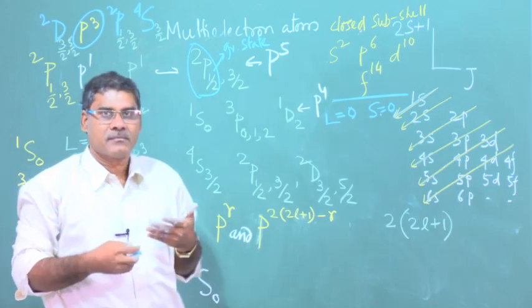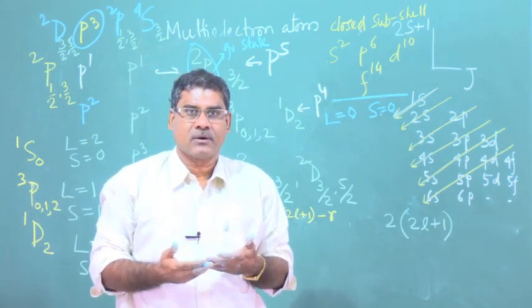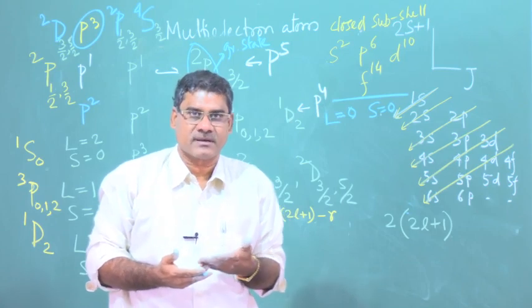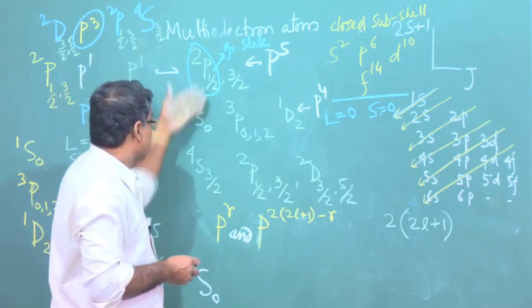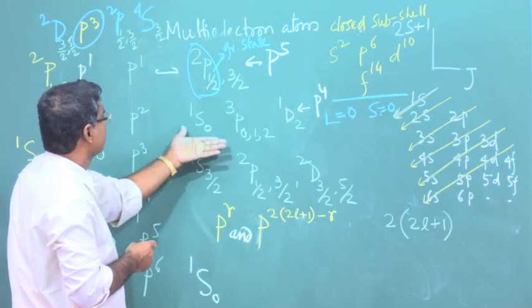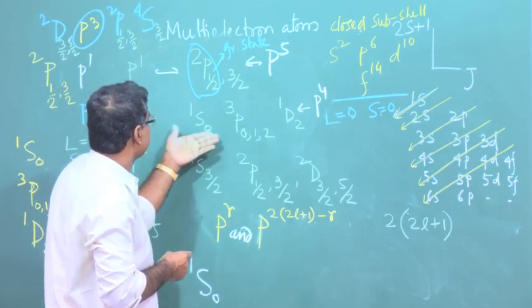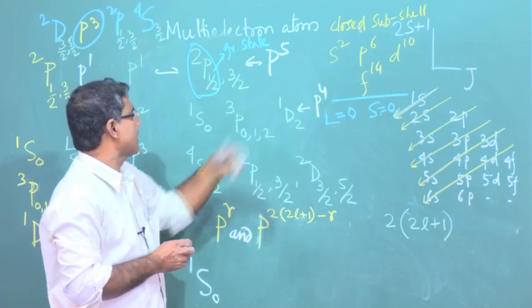So if someone asks which one is the ground state, out of these two we can find out. Similarly for P2 there are many states. How to find out the ground state?